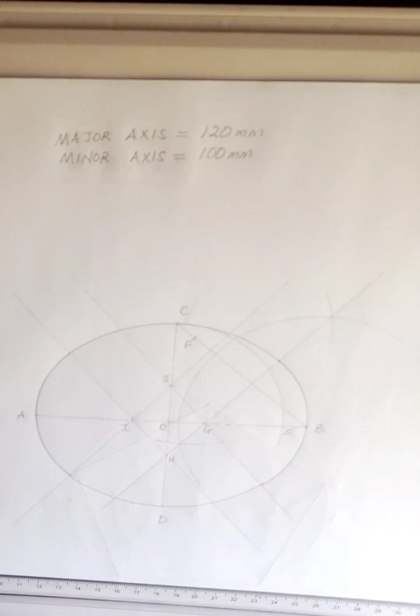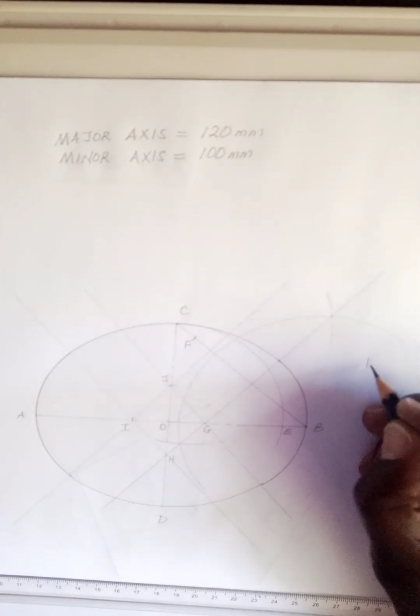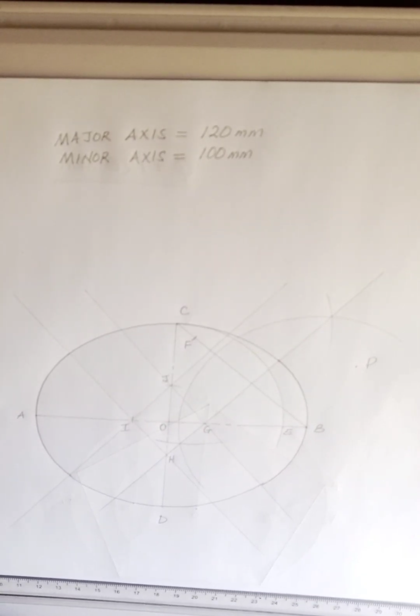Okay, so we are going to name point P, this point here, as a point from which we are going to draw our tangent to this particular ellipse.